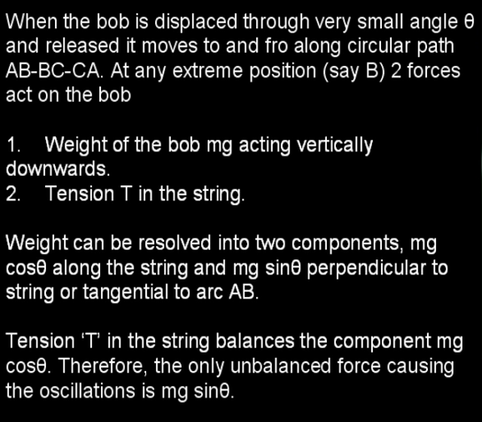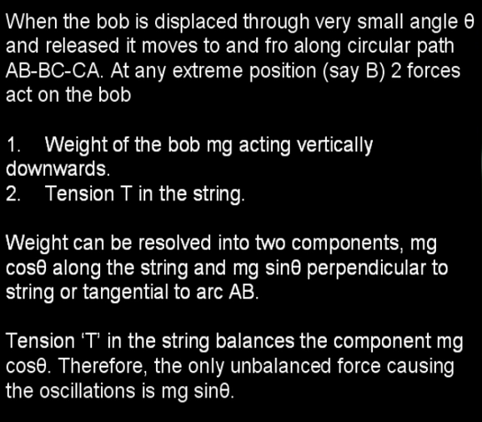The first one is obviously the weight of the bob mg acting vertically downwards, and the second force is tension T in the string. Weight can be resolved into two components, mg cos theta along the string and mg sin theta perpendicular to the string or tangential to arc AB.